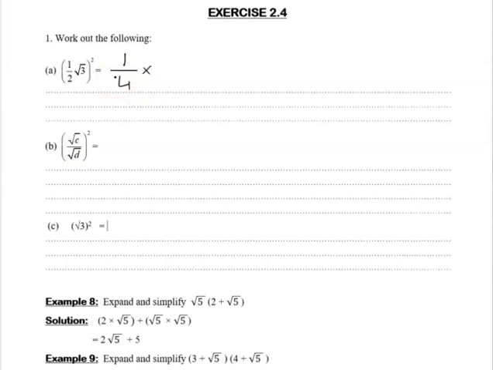So root 3 times root 3 is going to give us 3. When you multiply these two, we're going to get 3 over 4, as 3 as a fraction is 3 over 1. So 1 times 3 is 3 and 4 times 1 is 4.